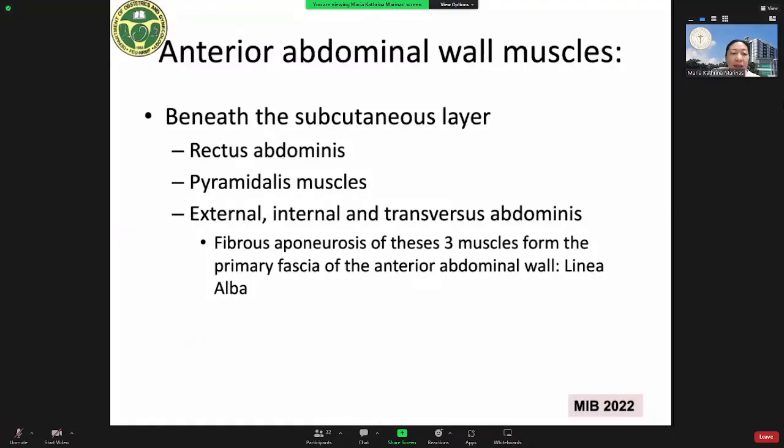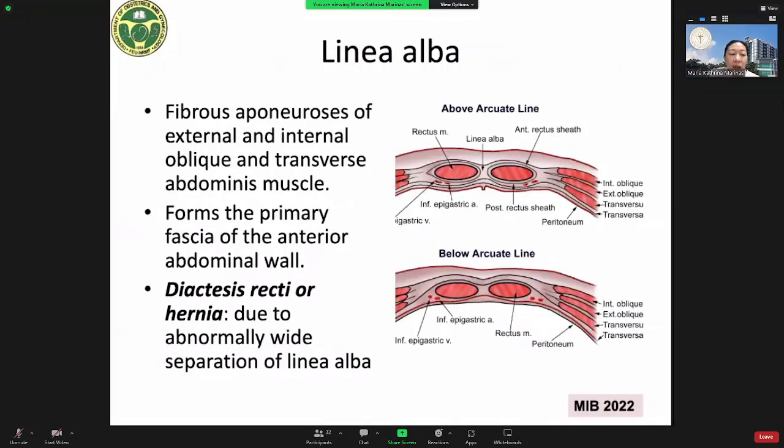And now, beneath the subcutaneous layer, the anterior abdominal wall muscles consist of the midline rectus abdominis, the pyramidalis muscles, as well as the external oblique, internal oblique, and transversus abdominis muscles. The fibroaponeurosis of these three muscles forms the primary fascia of the anterior abdominal wall.